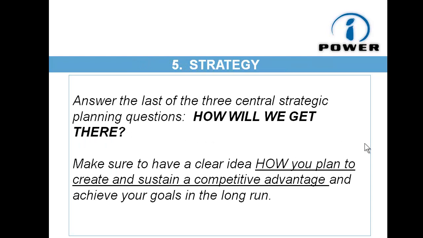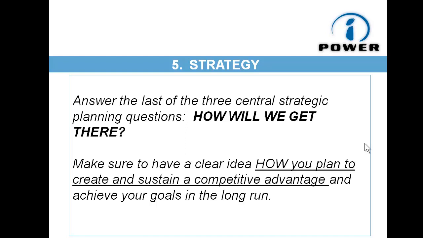Once we have done situation analysis and once we have defined our objectives, the big question is, how will we get there? So that's when the third central strategic planning question comes into play. Strategy is, according to Porter, how you plan to achieve and sustain a competitive advantage.